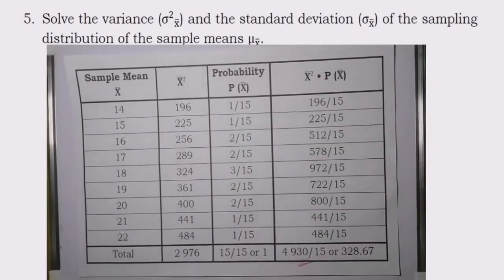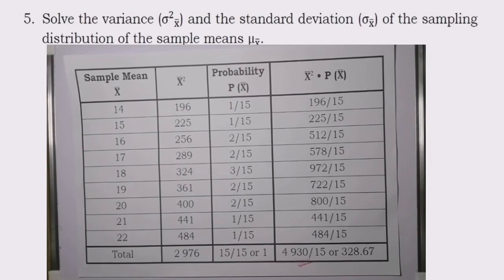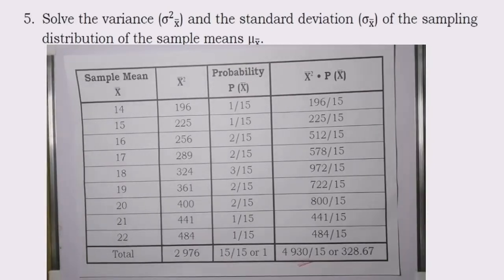Okay, step number 5, solve for the variance and the standard deviation of the sampling distribution of the sample means. First, let's construct the sampling distribution table for the sample means, then square the sample means and multiply the result by the probabilities.